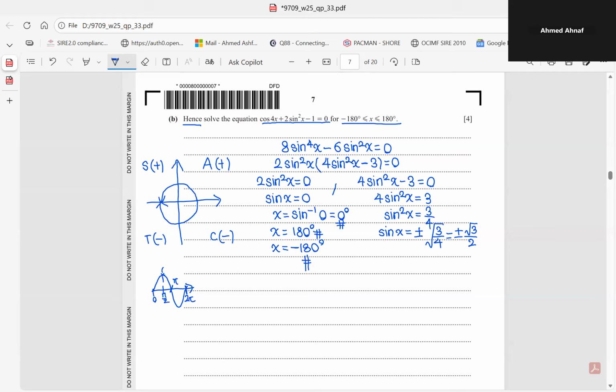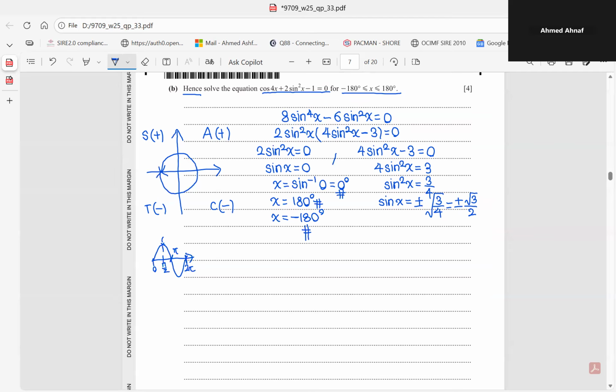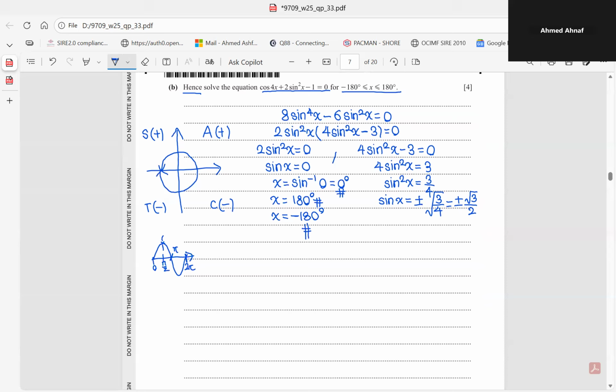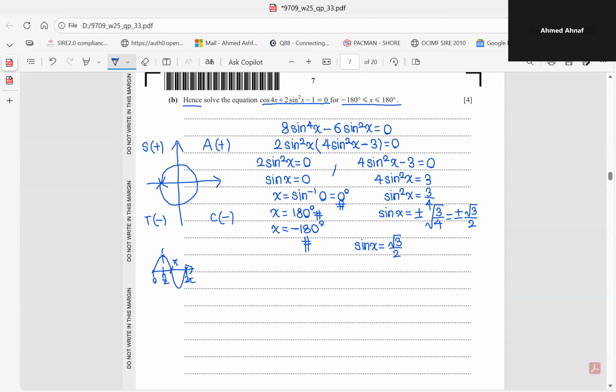Now we're going to solve sine x equals plus or minus square root 3 over 2. So to solve that, we're going to solve them separately. So sine x, let's solve the positive one, square root 3 over 2. So since it's positive, this x can only be either in the first quadrant or the second quadrant.